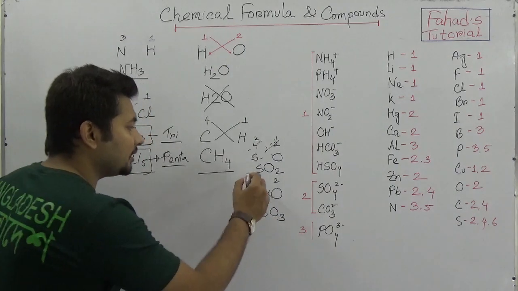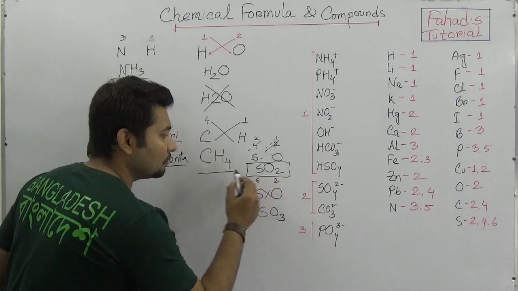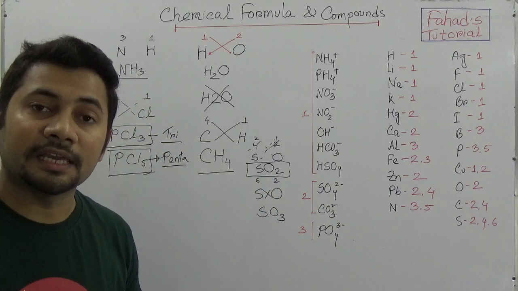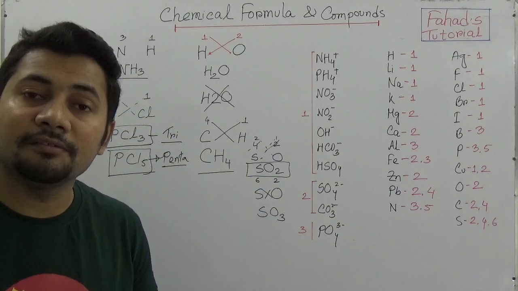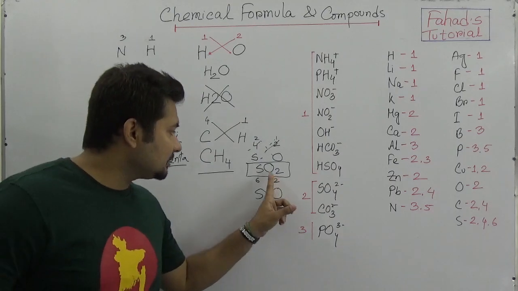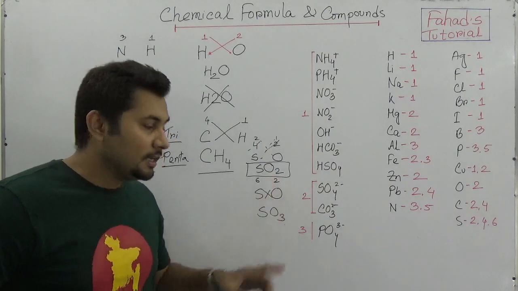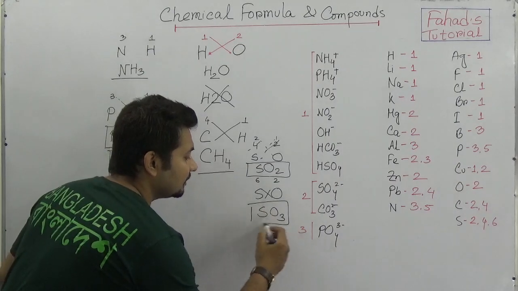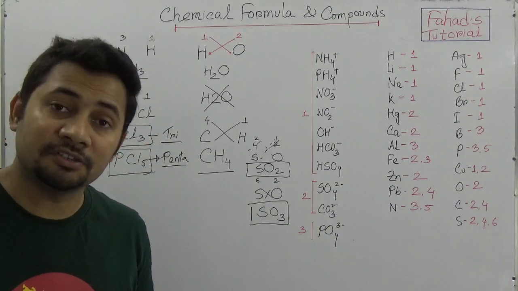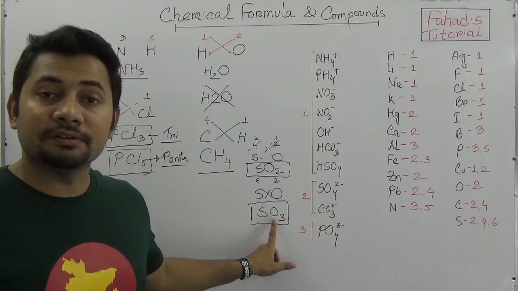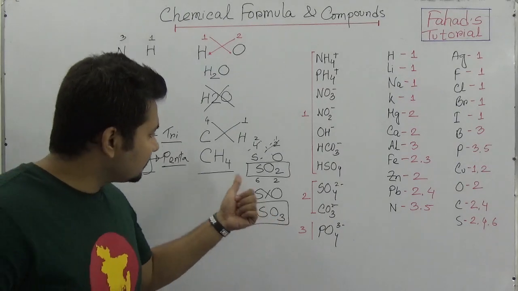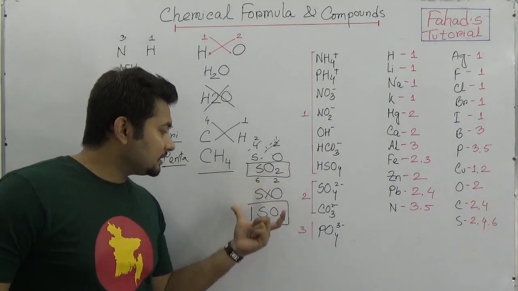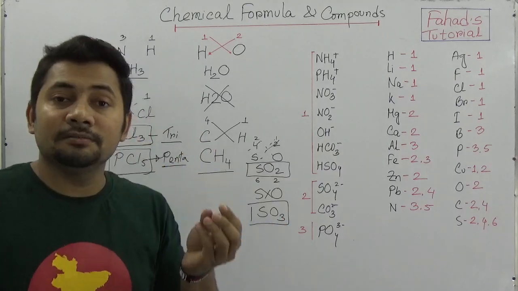Now we can say that SO2 is the chemical formula of sulfur dioxide, because it has 2 oxygen, and this is the chemical formula of sulfur trioxide, because it has 3 oxygen. So you see sulfur dioxide and sulfur trioxide, based on what?